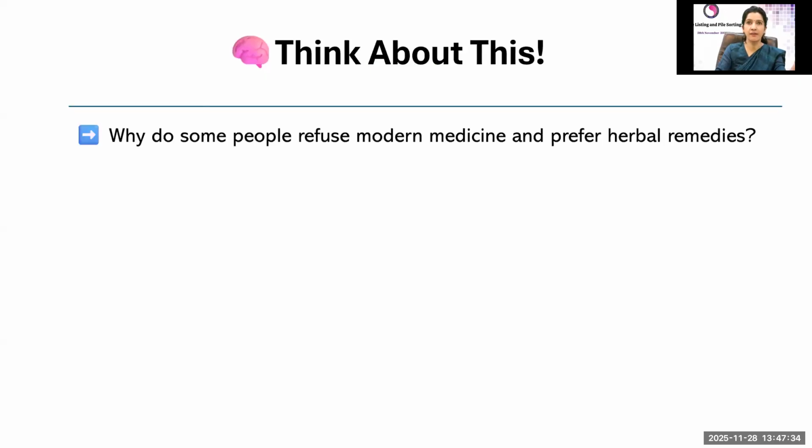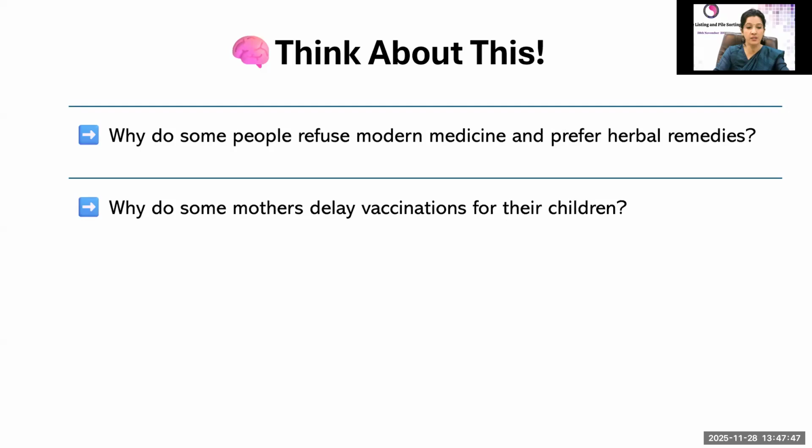Like if I ask why some people refuse modern medicine, and why they prefer homeopathy, and go for Ayurveda and Unani etc. Or if I ask why mothers delay vaccination, because in the immunization program you will see a lot of dropout, people take the first dose and then don't go back. So these are the reasons for the delay of vaccinations in their children.